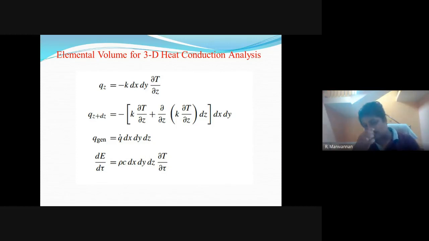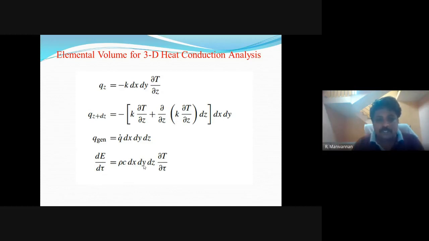Now what are the remaining two terms? One is the q gen term, that is the heat generation term. Heat generation term, q gen, equals q dot into dx into dy into dz. Next one is dE by dτ, that is the rate of accumulation of energy, which is given by rho into c into dx into dy into dz into ∂T/∂τ.